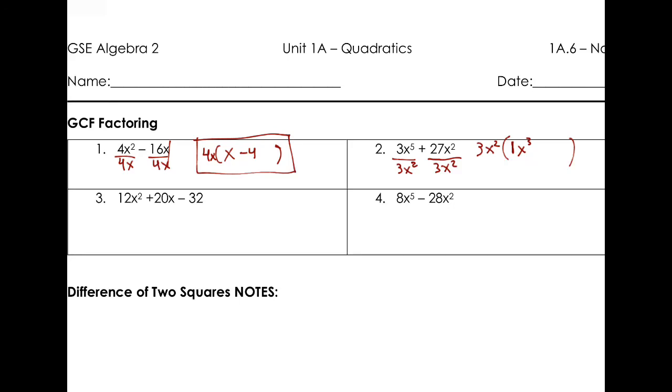And then you have 27 divided by 3. That is 9. Positive 9. And then 2 minus 2, that cancels out. That leaves us factored as far down as we can go.